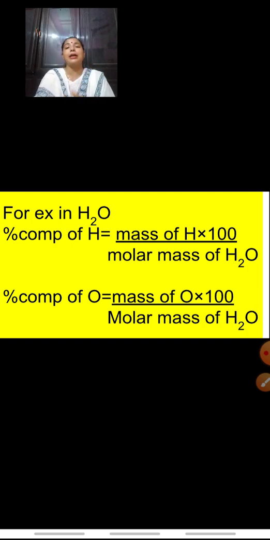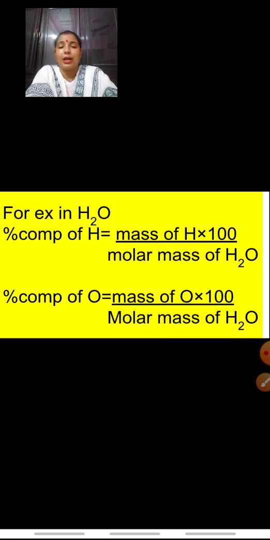Suppose we have 100 gram of water, we are weighing, not measuring the volume. In 100 gram of water, what will be the quantity of hydrogen and the percentage of oxygen? That is simply called the mass percent of any element.